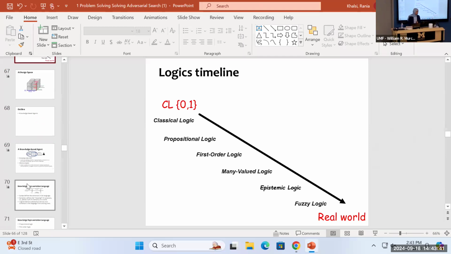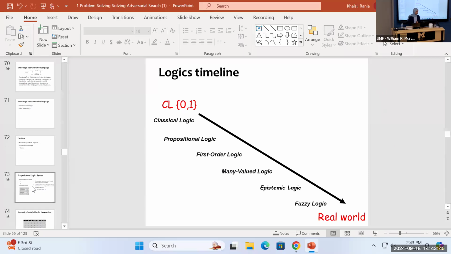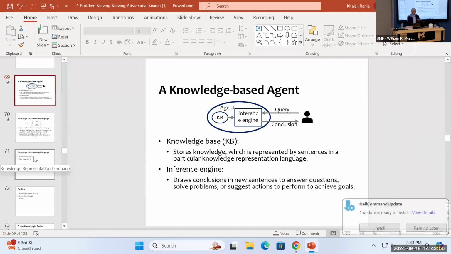Okay, so let's come back. Quickly, we are going to start with propositional logic, in the context of an agent, which this time is not going to be a simple entity that perceives and reacts. It's going to have a knowledge-based representation.